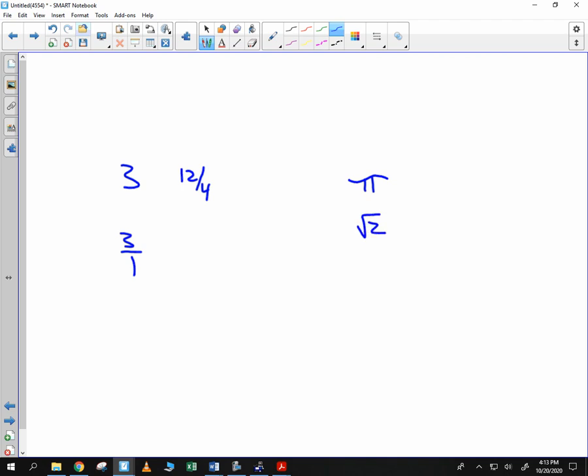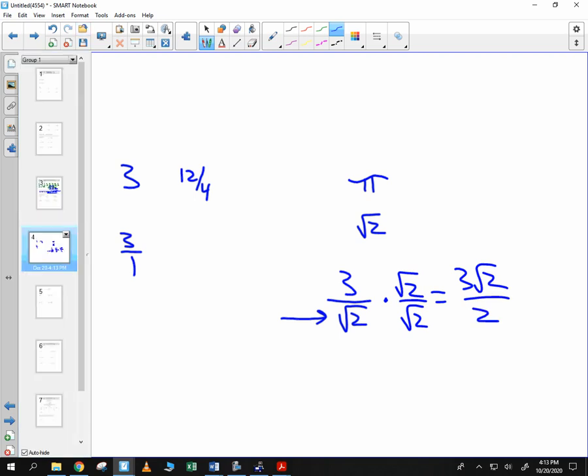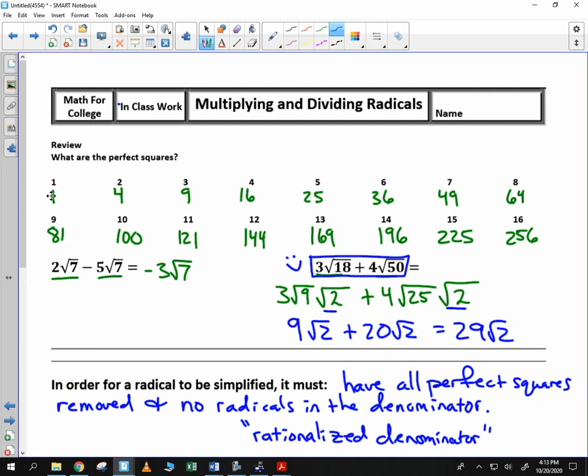Let's talk about the square root of 2. If you have the square root of 2 in the denominator, we say that the denominator is not a rational number. You need to make it a rational number. If we just multiply the top and bottom by the root of 2, you see we get 3 roots of 2 over 2. And so that skill is one that we're going to use as we venture into this, okay?